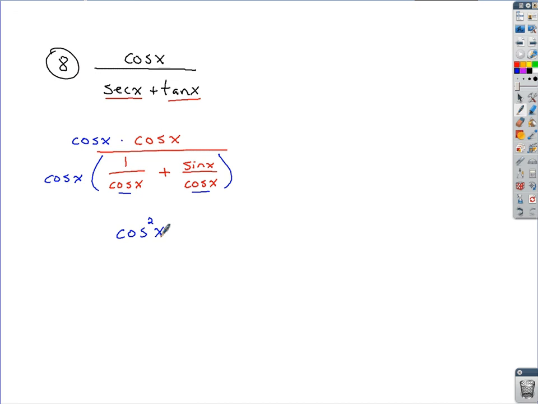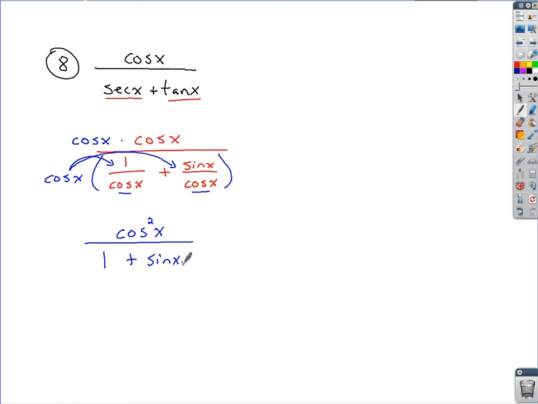That really doesn't matter. In the denominator, we are distributing this cosine through, and we're understanding that by doing that, the cosines that are in the denominators down here will cancel out, and that will leave us with just 1 for the first fraction, right? Plus sine of x for the second fraction. Okay, we follow so far? Mm-hmm.